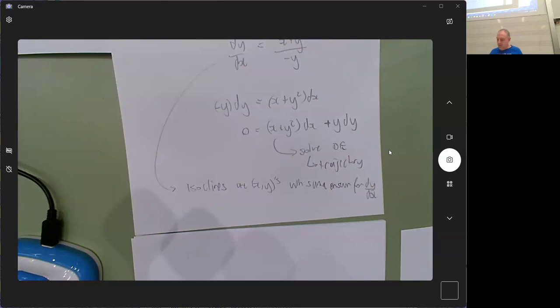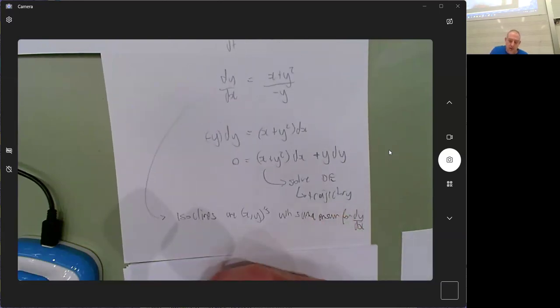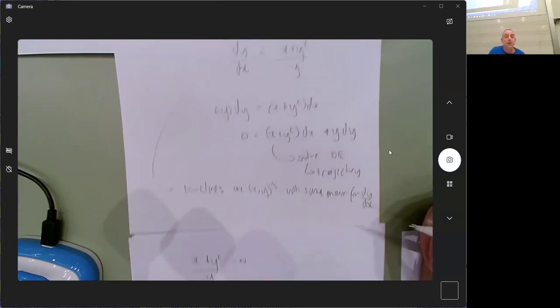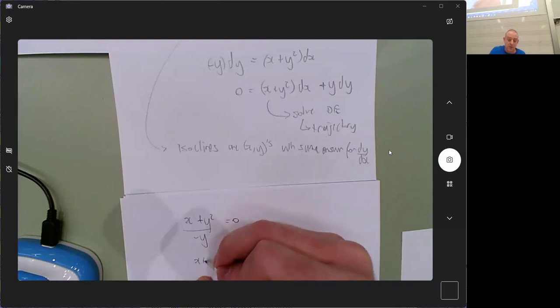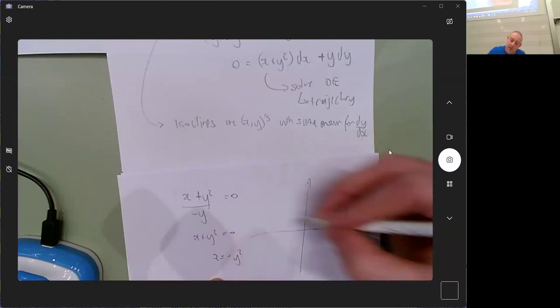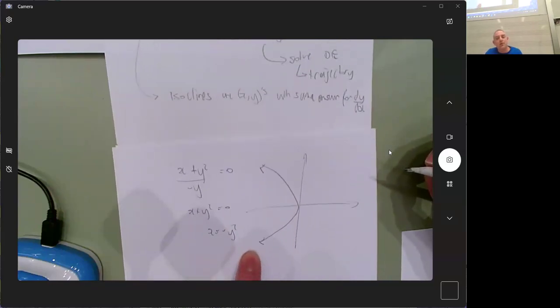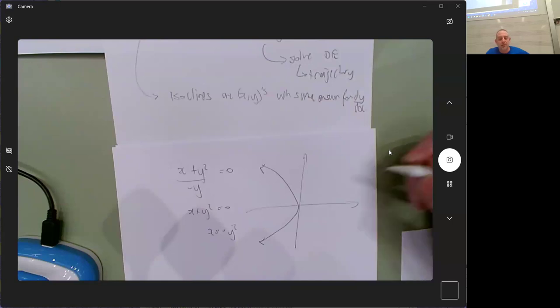And so I'm just going to use someone else's book here. So with this one, I could say that x plus y squared on minus y equals 0 would be x plus y squared equals 0. So x equals minus y squared, and so that would be that. So this is the isocline of all of the points where dy on dx comes out to 0.